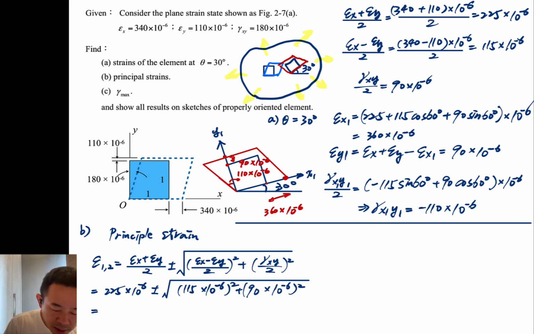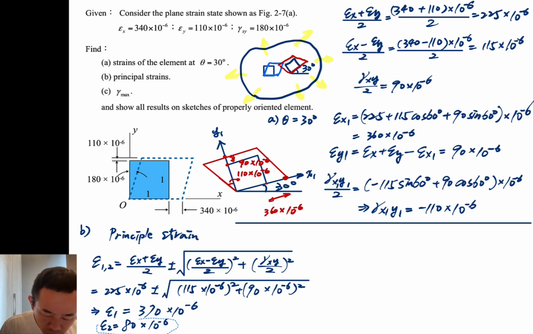We can obtain epsilon 1 equal to 370 times 10 to the minus 6, and epsilon 2 is 80 times 10 to the minus 6.